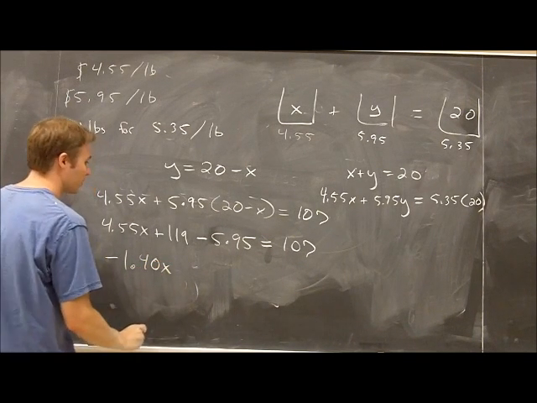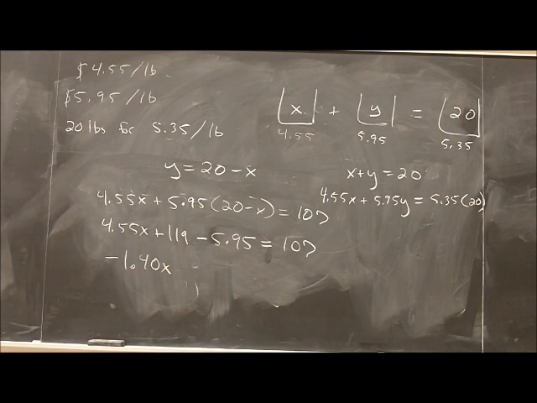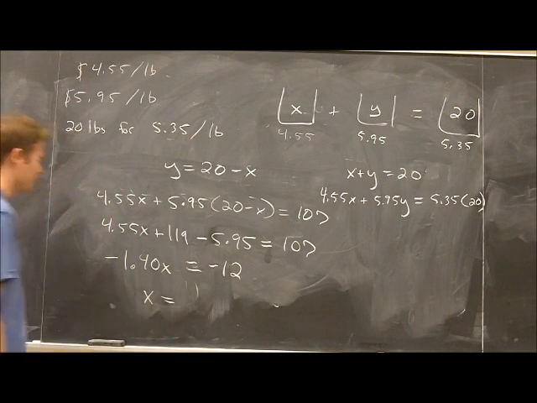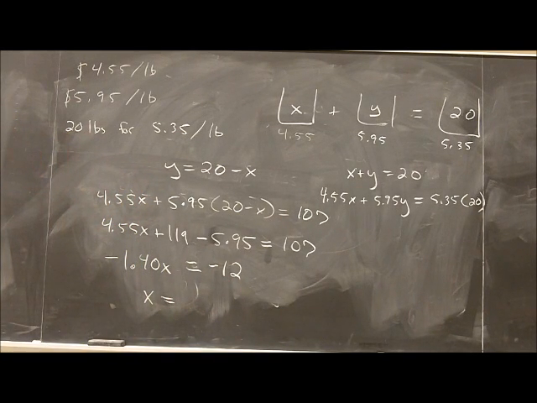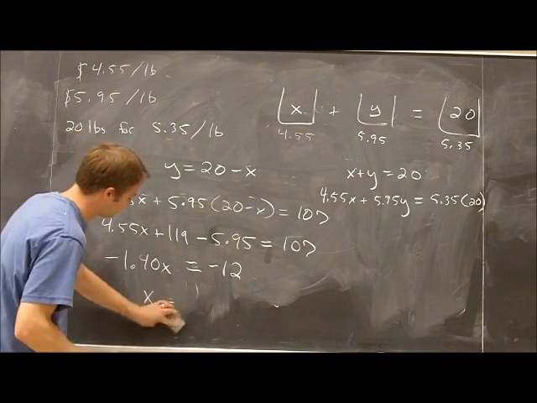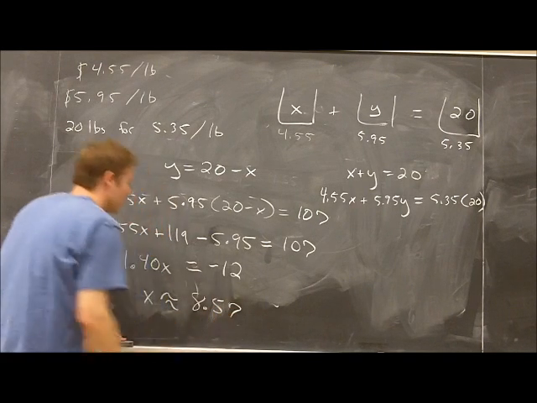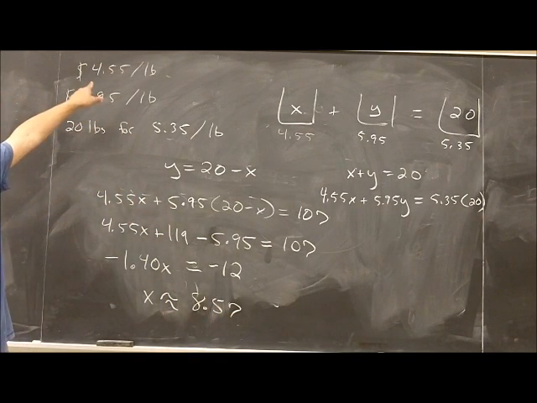So now we're just doing some algebra. And then 107 minus 119 is going to be negative 12. And if you divide 12 by 1.4, we'll get approximately 8.57. So that's how many pounds of the 4.55 coffee we should mix in.